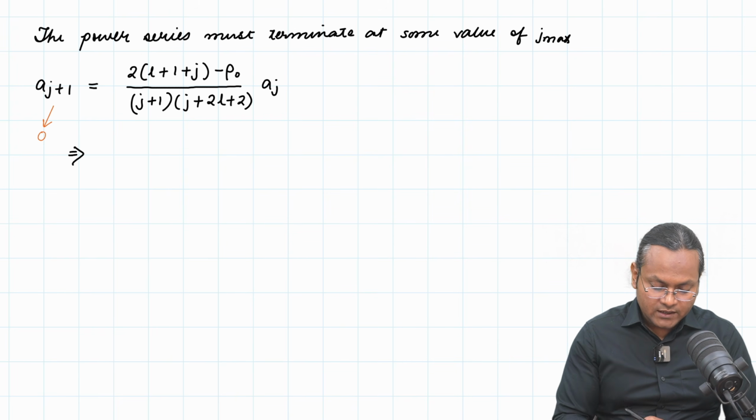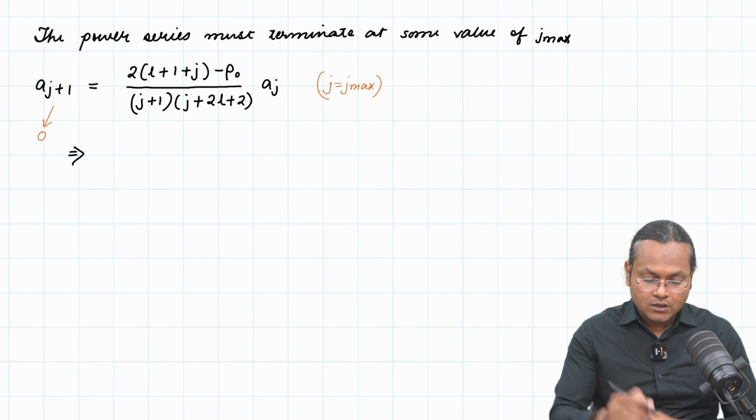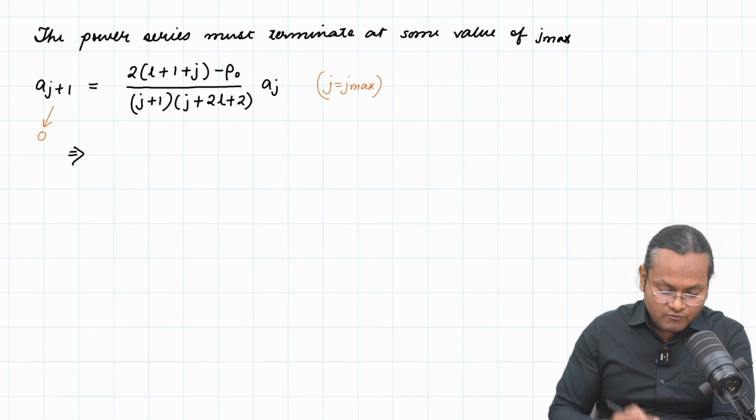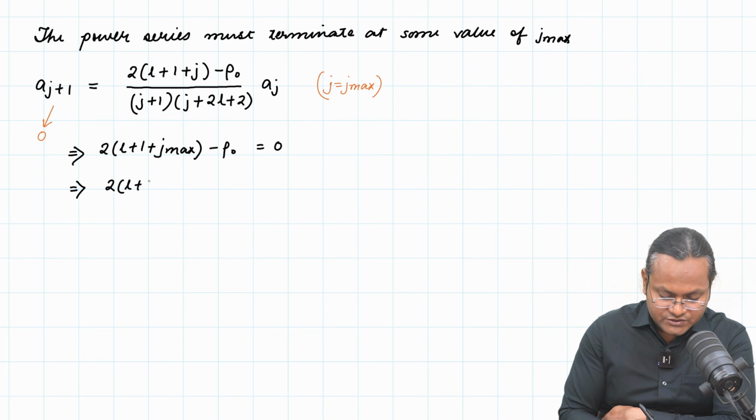So for this particular condition, let's suppose j equals j max being that particular value of the index where this series coefficient term vanishes. This leads to 2L plus 1 plus j max minus rho naught equals 0. This leads to 2L plus 1 plus j max equals rho naught.